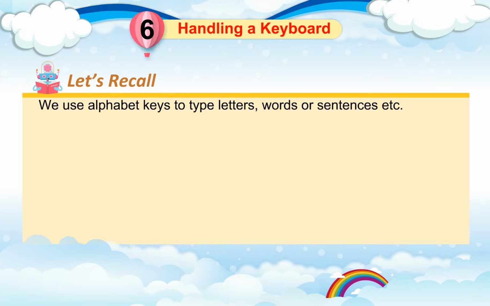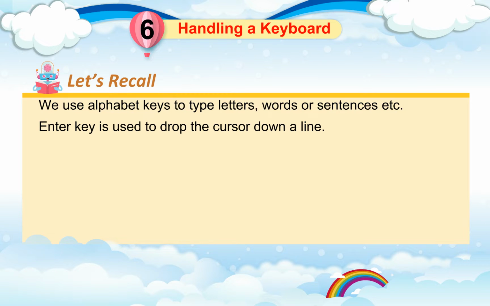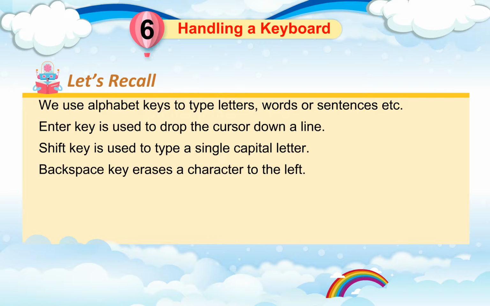Let's recall. We use alphabet keys to type letters, words, or sentences, etc. Enter key is used to drop the cursor down a line. Shift key is used to type a single capital letter.